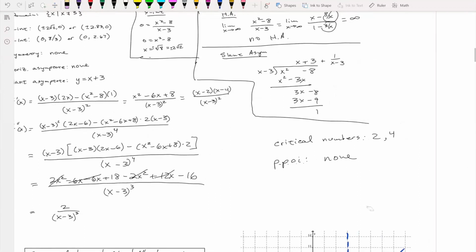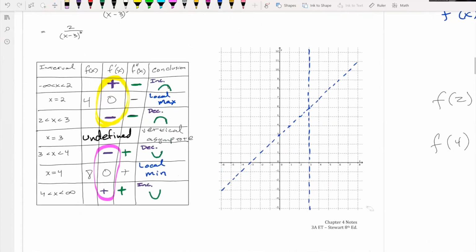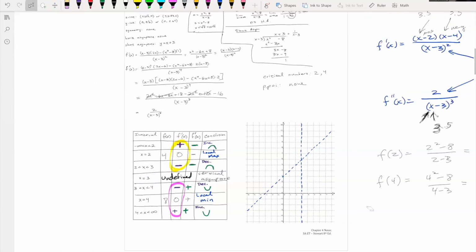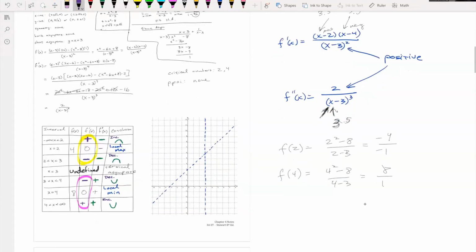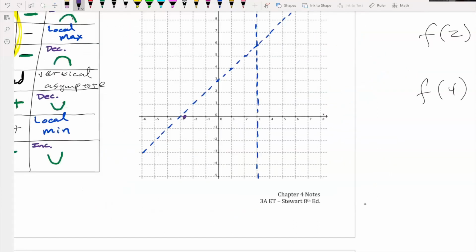All right. So now let's plot the points that we know. So we had x-intercepts at plus or minus 2.83, 0. So negative 2.83 is about here. And 2.83, 0 is there-ish.